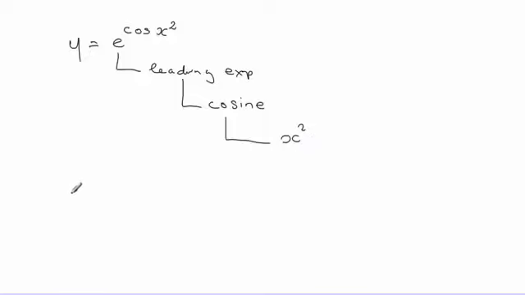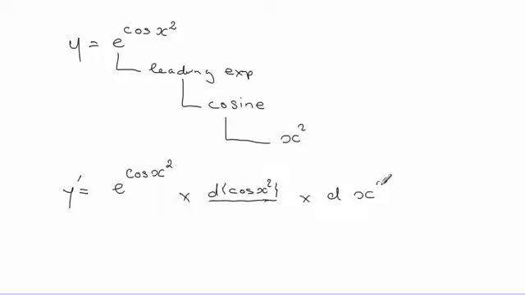Following what we've just said before, the derivative of y: the exponential function bounces back exactly as it is, retaining the argument cos x squared, then multiplied by the derivative of the argument, in this case the argument of e, which is cosine. I'll say derivative of cosine, retaining its argument, then multiplied by the derivative, in this case, of x squared.